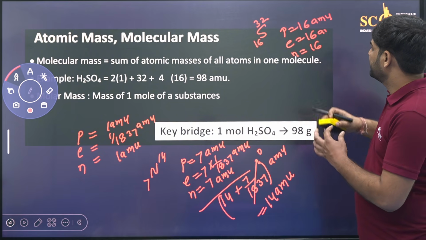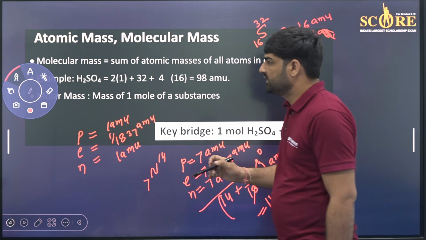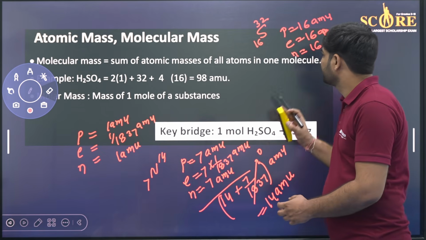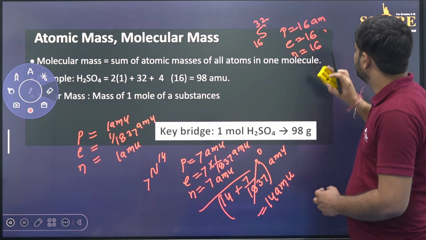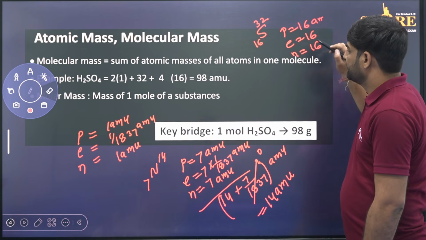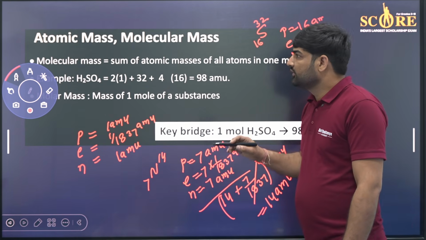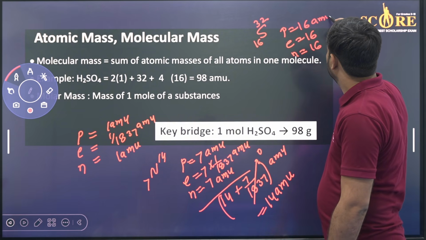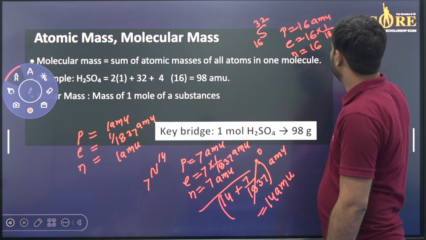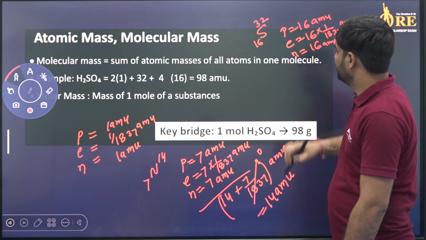For electrons, the mass of an electron is 1 by 1837 amu, and now you can say 16 amu.